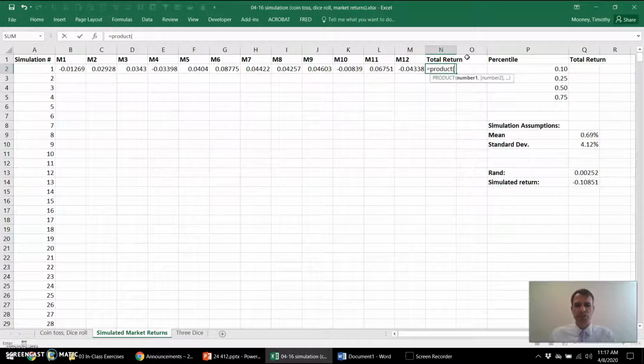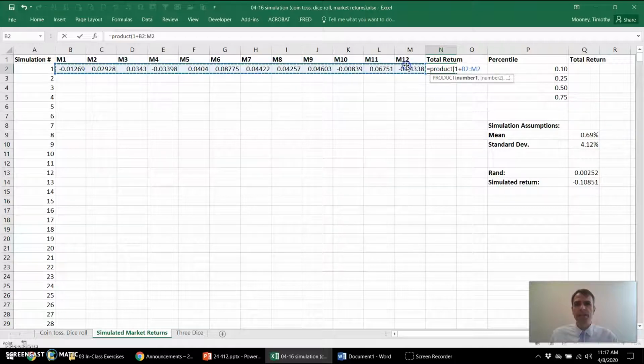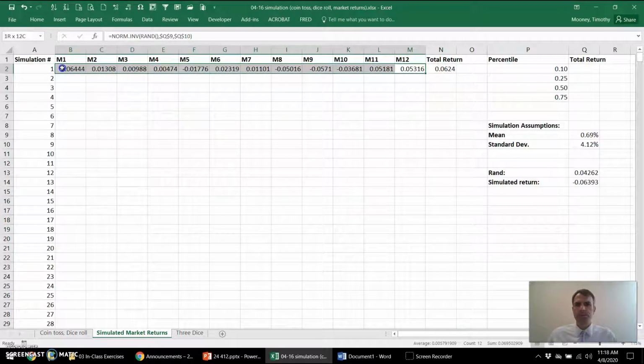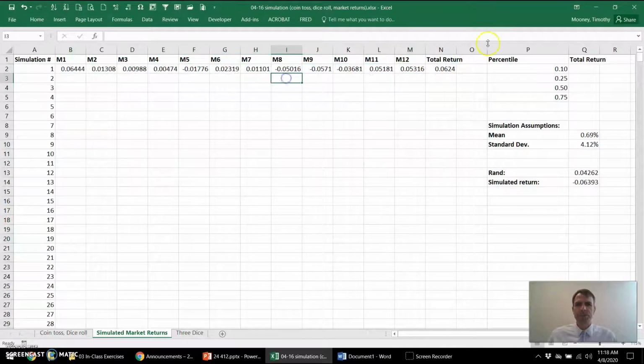And if we enter it as an array, product of 1 plus all of these, and then subtract 1 at the end, that'll compound these returns. So this first simulation of 12 months of returns comes out to a total return of 6.24%.